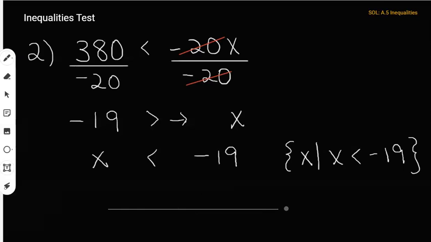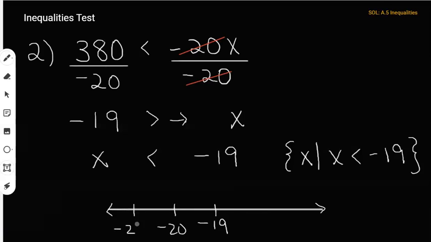So the line is going to have arrows at both ends like this. And you're going to take the number that you got for your answer and put it in the middle. So for this one, it's negative 19. So I've got to put that in the middle. But then on the left side, you're going to have numbers that are less than negative 19, like negative 20, negative 21.